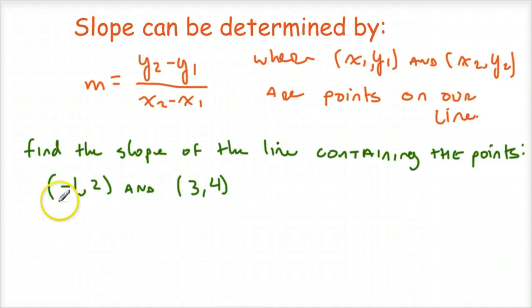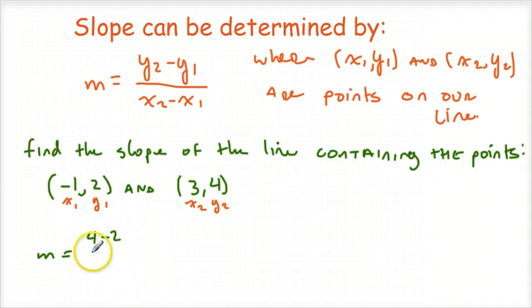So if I want to find the slope there, I want to identify what's x1, y1, and x2, y2. And it doesn't really matter which one you pick as which, as long as you keep them, both these ones are both the ones, and these are both the twos, or these are both the twos, and that's both the ones.